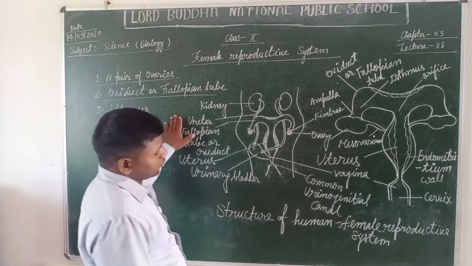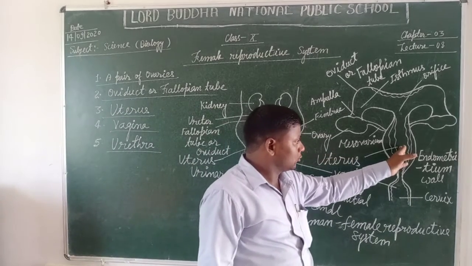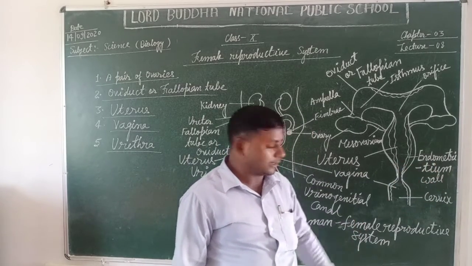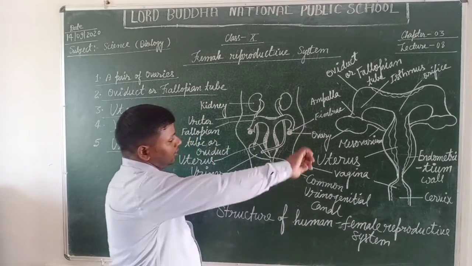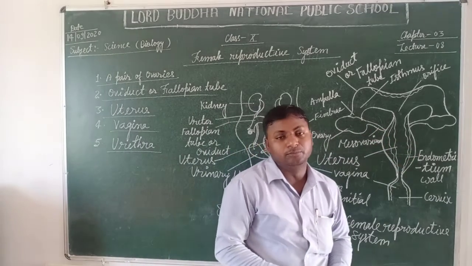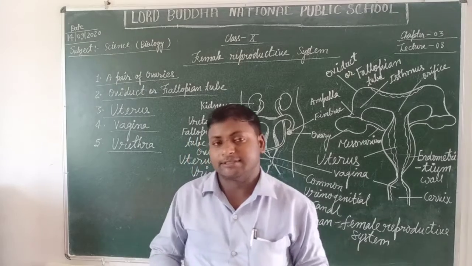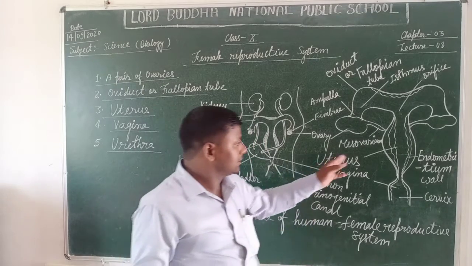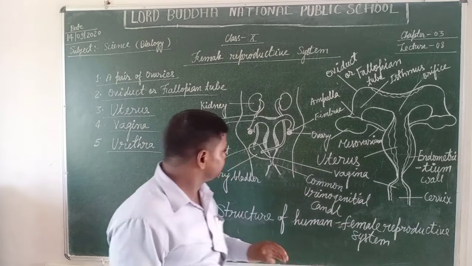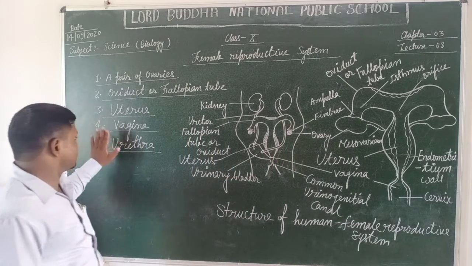It is also called the womb of mother. Its inner wall is lined by the endometrium, and all the developmental processes take place inside this chamber of the mother, called uterus.